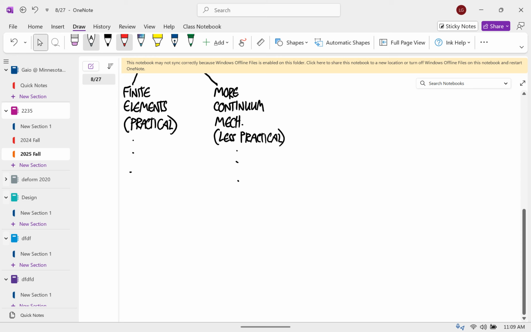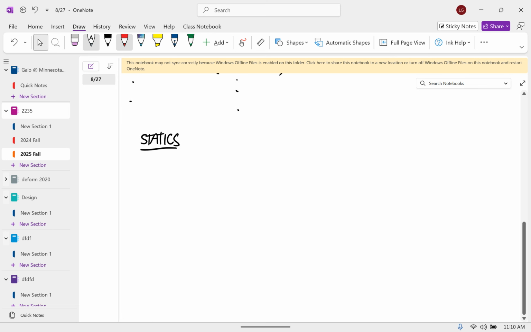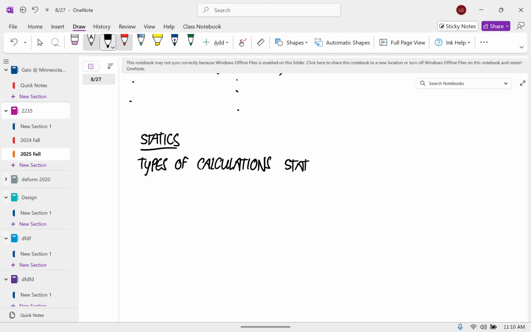And in statics, the types of calculations that statics is useful for, the first one is structures.